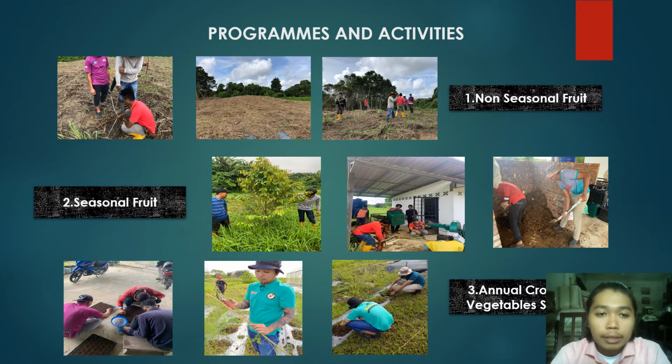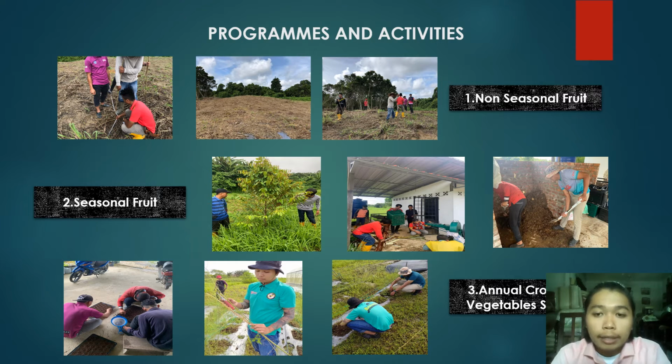For the second section, seasonal fruit, we learn about banana compost and making a compost using a banana plant. The material that we use is a banana plant, topsoil, chicken dung, which is baja tahi ayam, and rice mold.